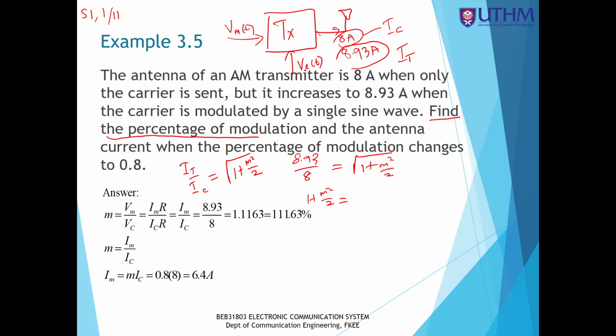So 1.246. Okay, so m square over 2 is equal to 0.246, and then m square is equal to 0.246 times 2, 0.492.